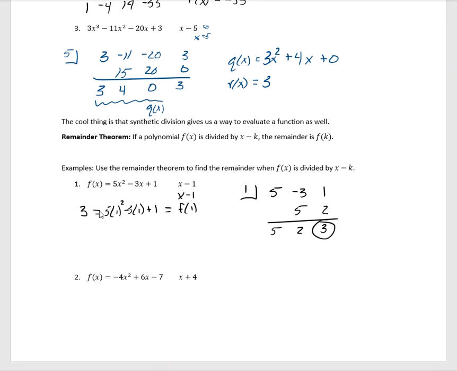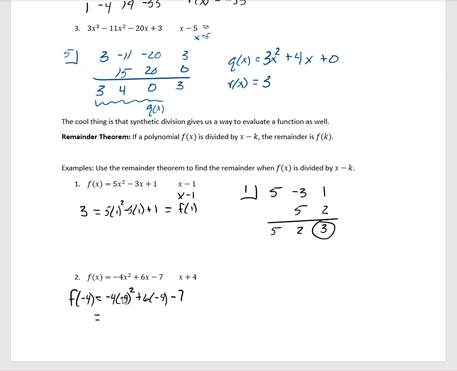And maybe that's just a cool thing with 1s, right? We're looking at negative 4. What's f of negative 4? Negative 4 times negative 4 squared plus 6 times negative 4 minus 7. All right.